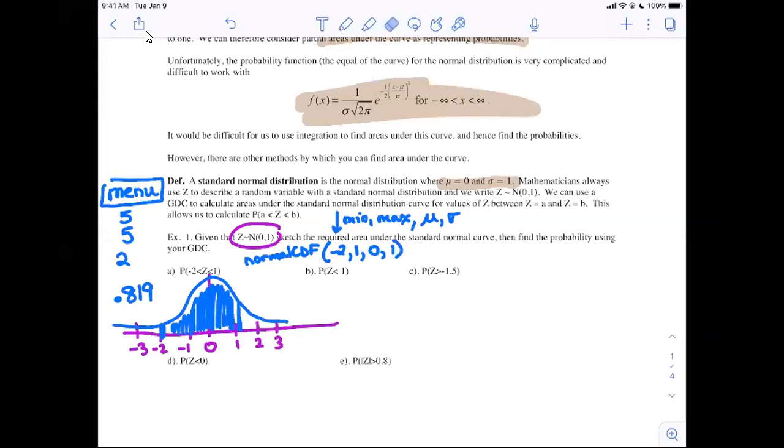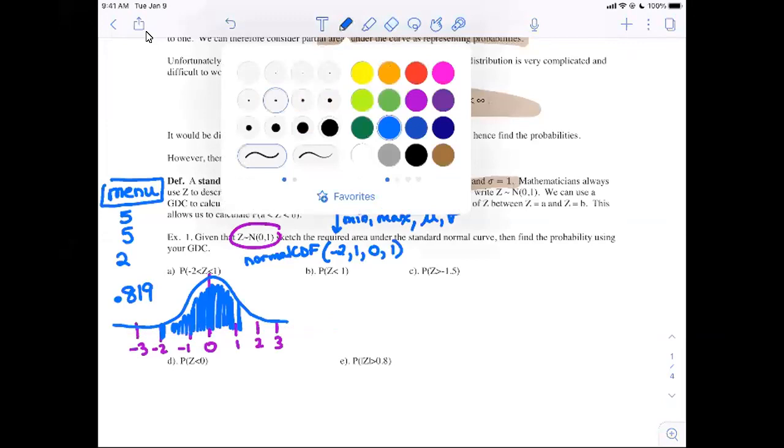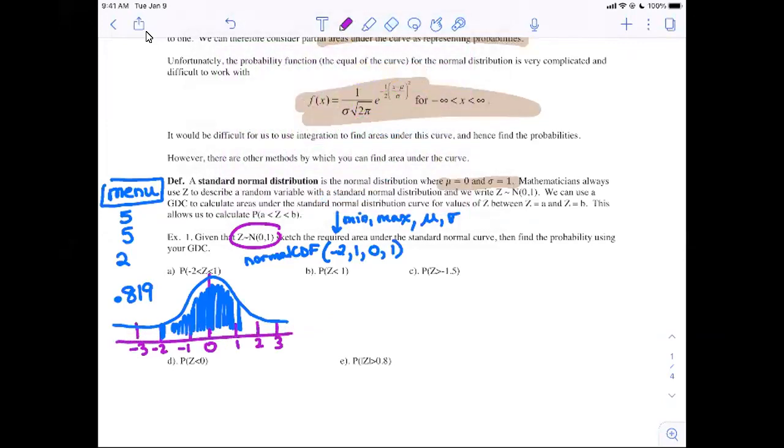All right, letter B. So if you want to do a normal curve, you're always going to go 0 and -3 to 3.